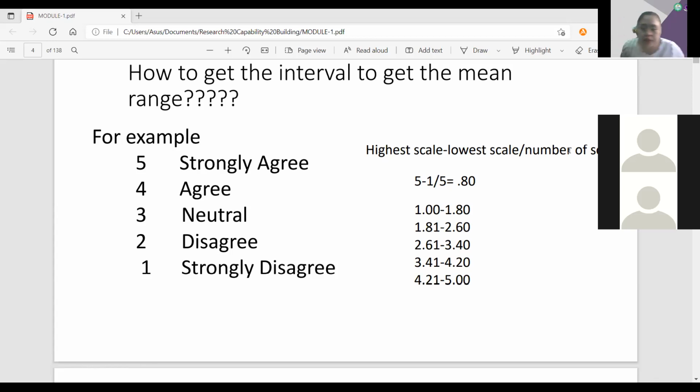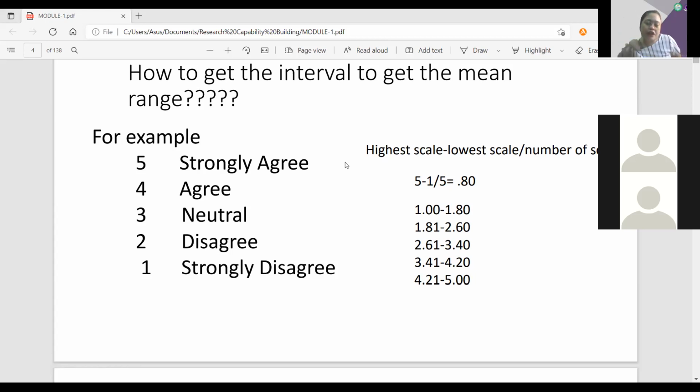This one is for the Likert scale, for the interpretation. You coordinate with your advisor if you are confused about what you are going to do with your numerical data.